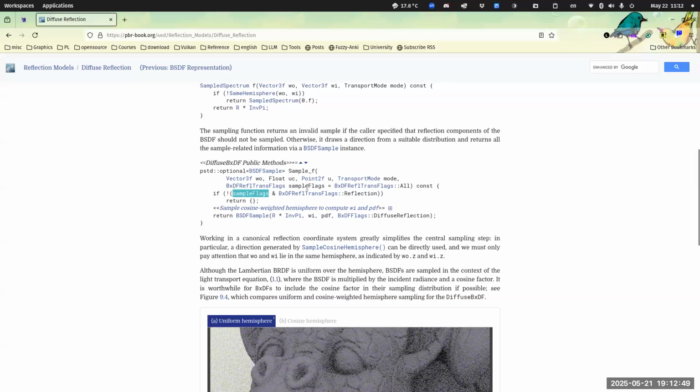So we have a sample flag. It basically checks whether it has reflection. If it did not, we just return.